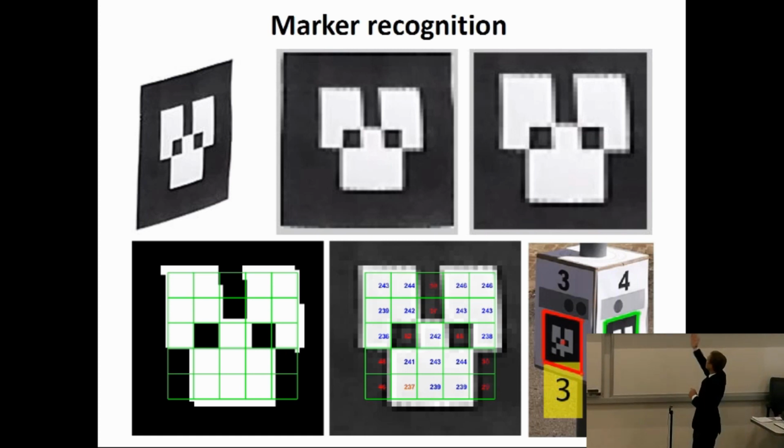Next, such an image is binarized to put a grid on it, and inside this grid, for every cell, the algorithm calculates the average brightness.